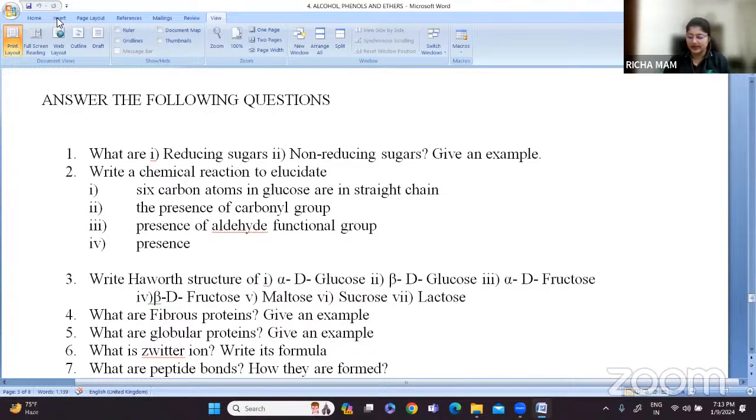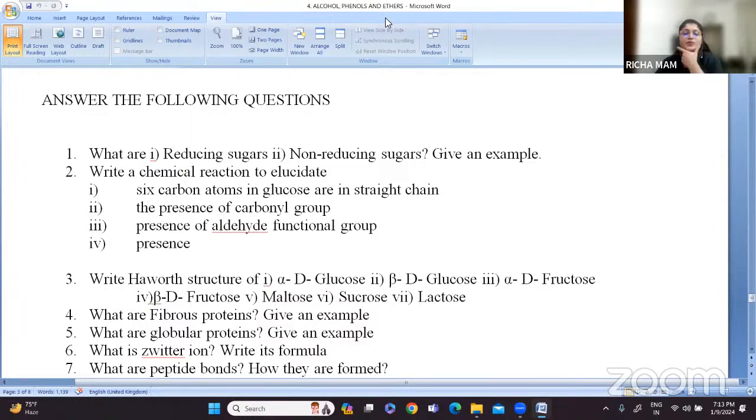Yes, somebody has answered: glucose. Is glucose a reducing sugar or non-reducing? Reducing.